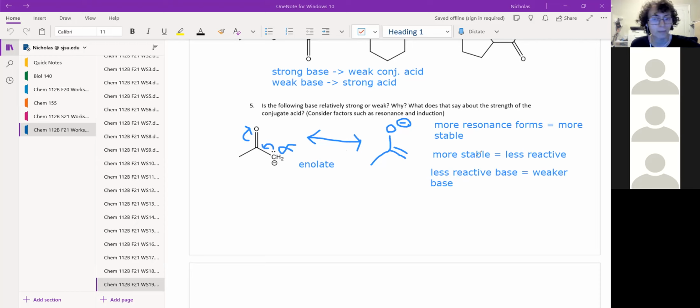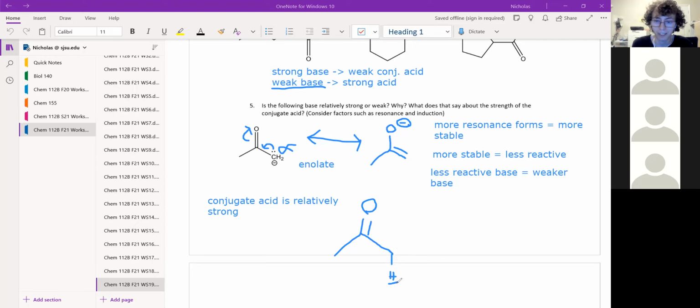And because this base is relatively weak, because of all of that, its conjugate acid is relatively strong. And the conjugate acid is just a ketone, just a regular ketone like this.